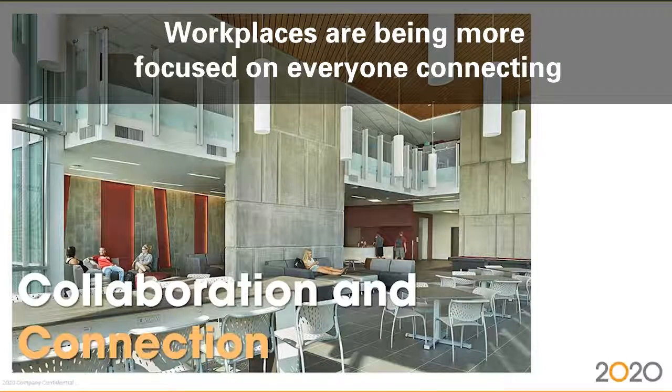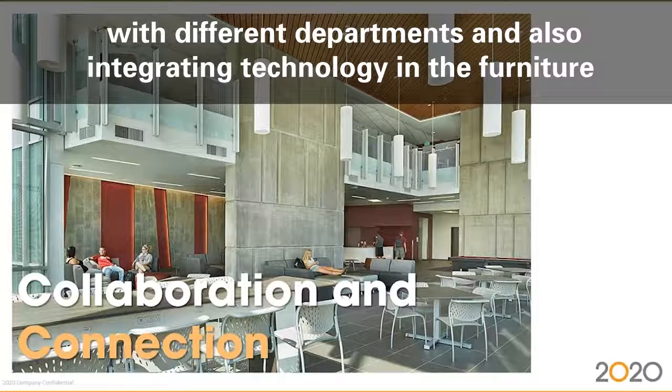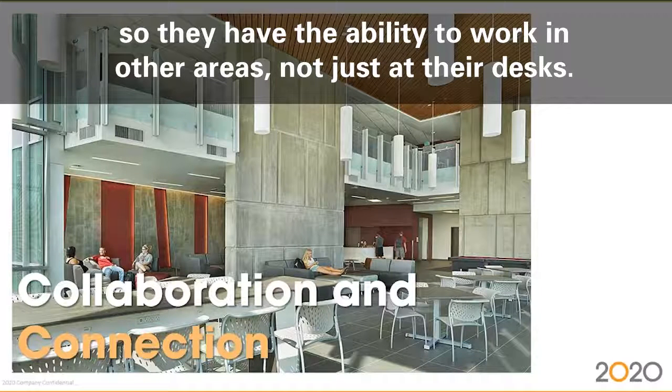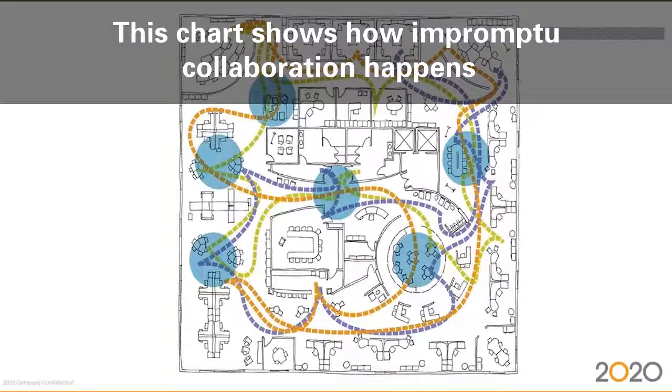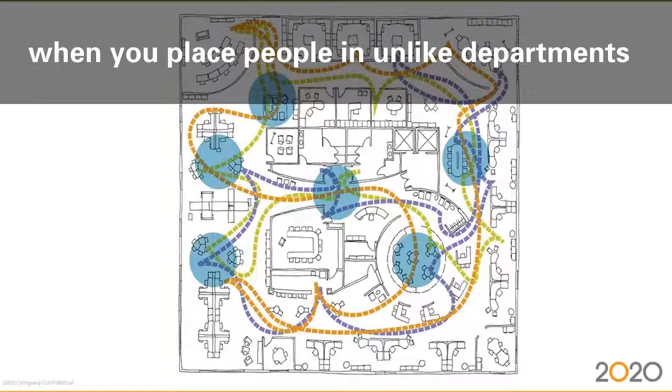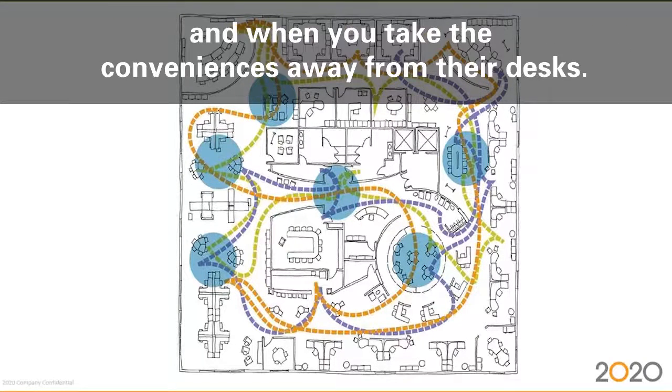Workplaces are being more focused on everyone connecting with different departments and also integrating technology in the furniture so they have the ability to work in other areas, not just their desk. This chart shows how impromptu collaboration happens when you place people in unlike departments and when you take the conveniences away from their desk.